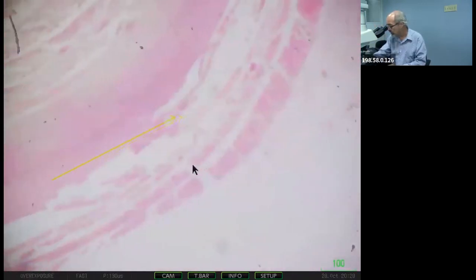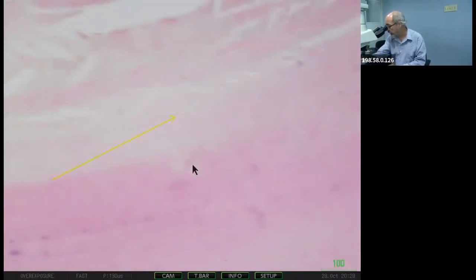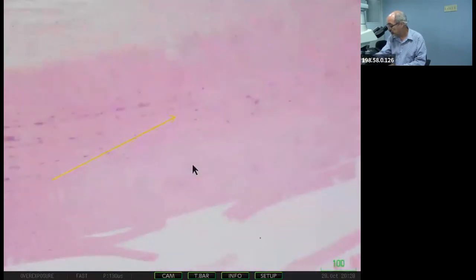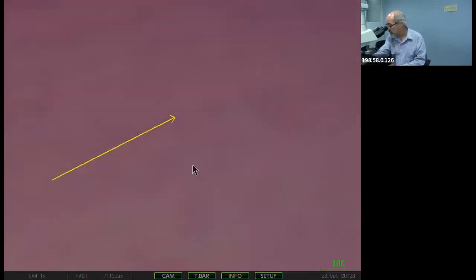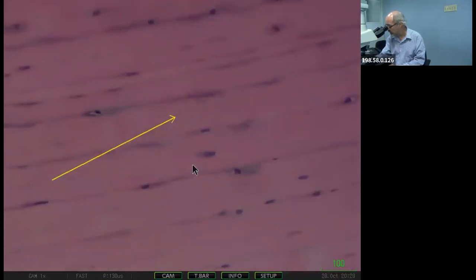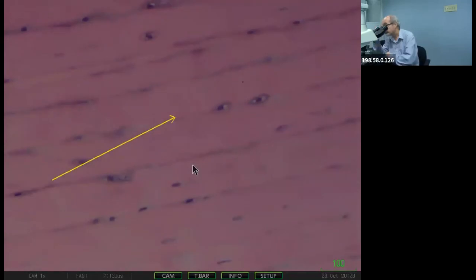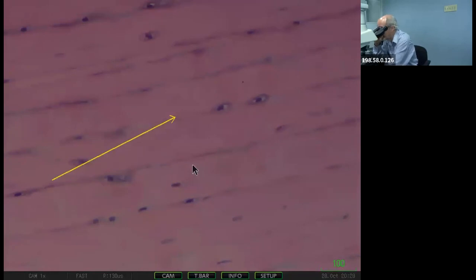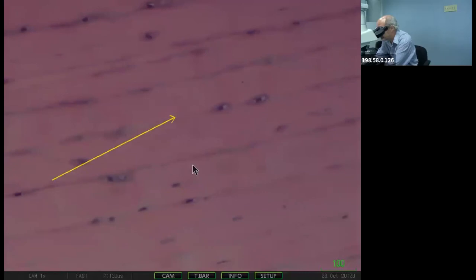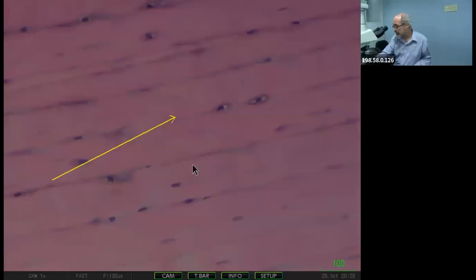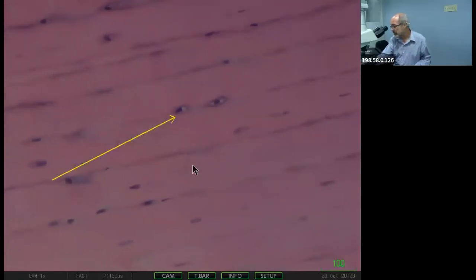This one might not be too easy. Do you know what you have here? Skeletal muscle? No. Look at the cells here.